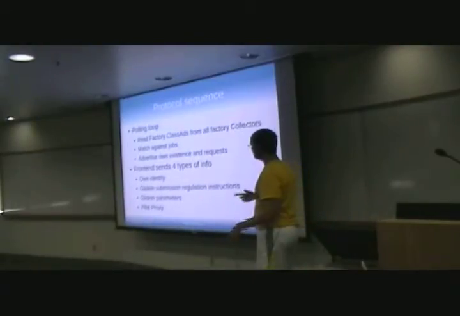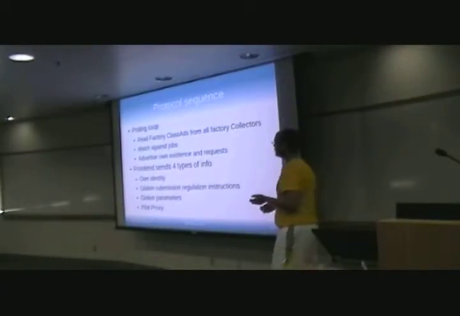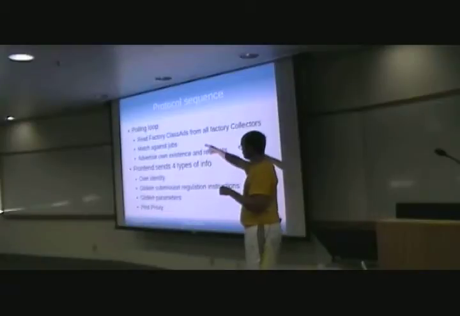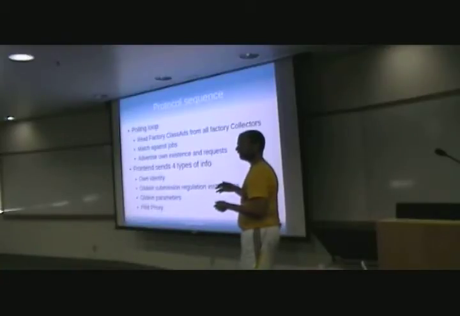The protocol is essentially a polling loop, as I mentioned before. So essentially, the front end will read the classads from the factory collectors, will match against the jobs, and I skipped a little bit of a step there, which means get all the jobs from the local schedds, but that's not protocol toward the factory.